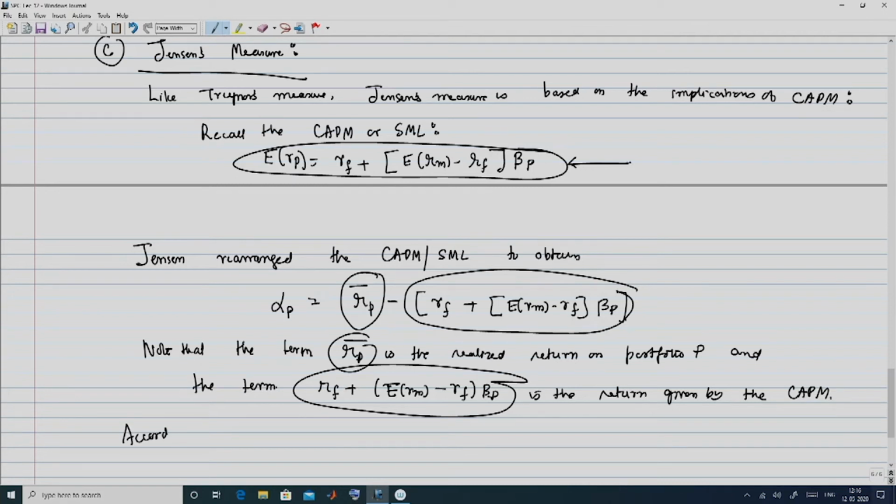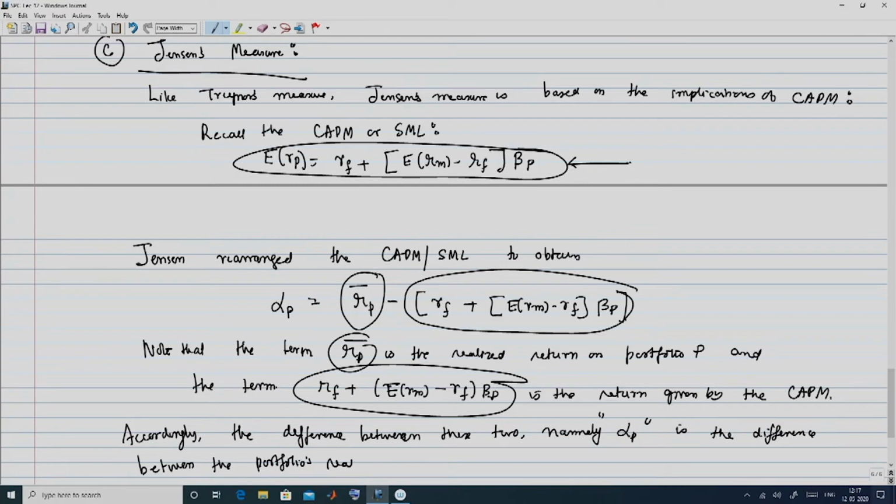So accordingly, the difference between these two, namely alpha_P, is the difference between the portfolio's realized performance and the performance as predicted by CAPM.